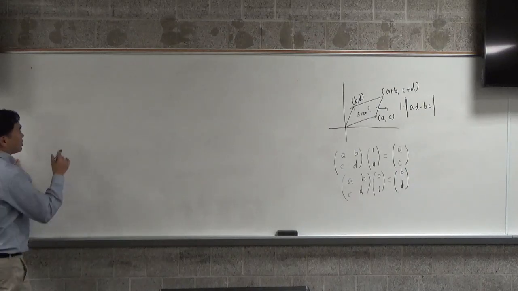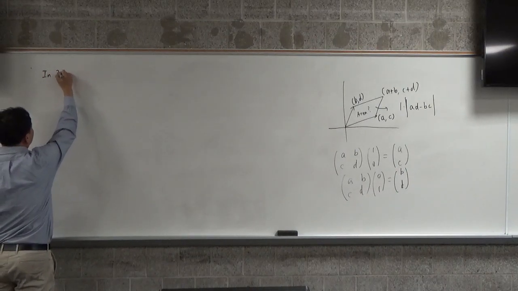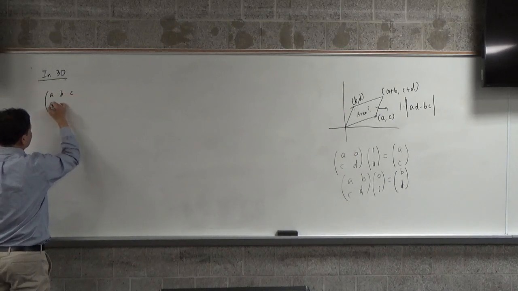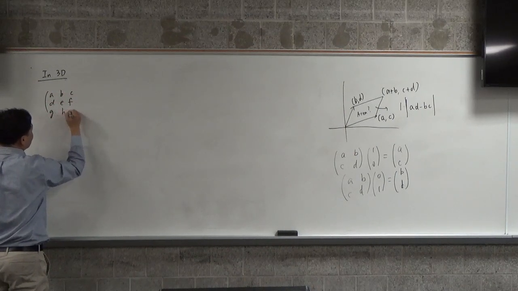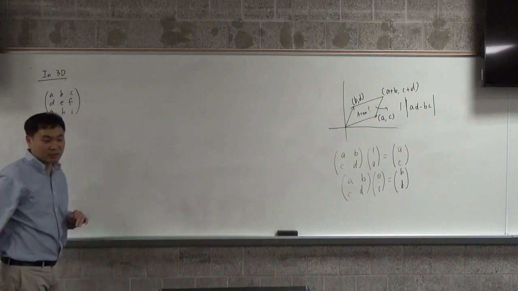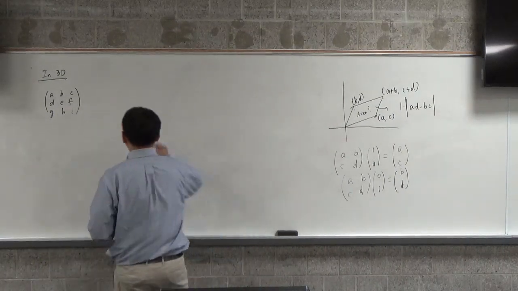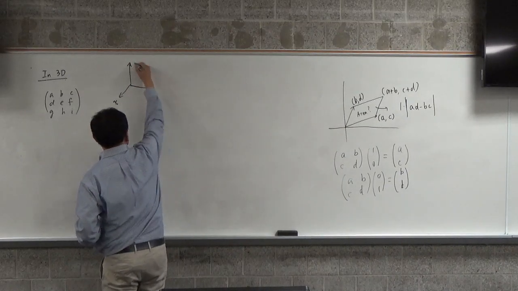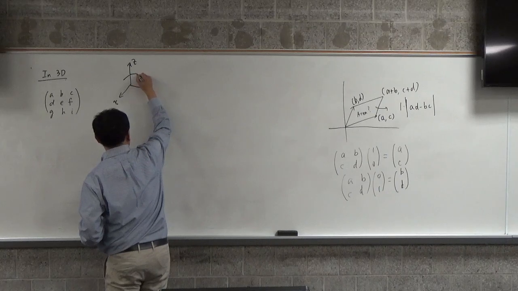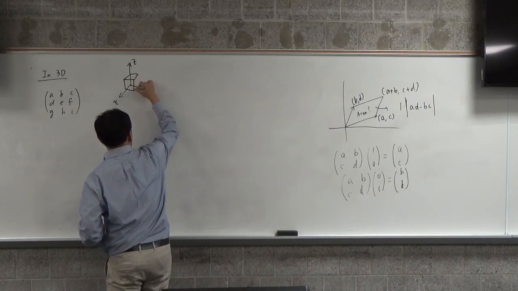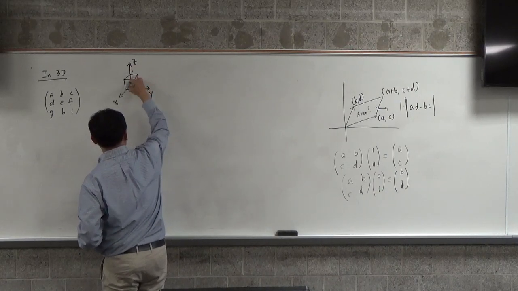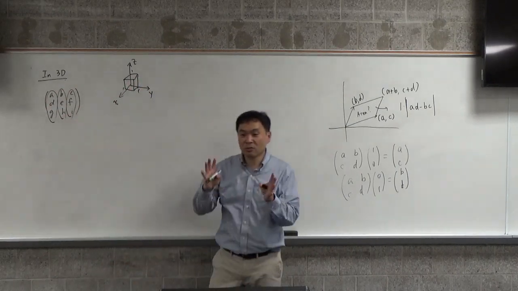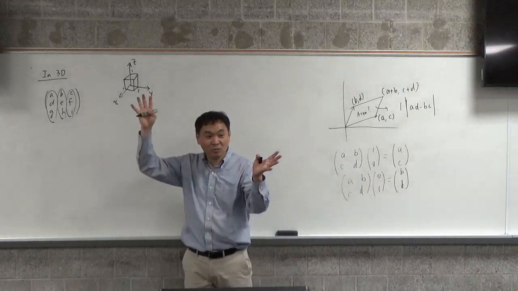But it's like this. In 3D, you can think of this matrix A, B, C, D, E, F, G, H, I as a transformation that takes the cube of size 1 to these column vectors. So it's going to be transformed to another 3 vectors, right?